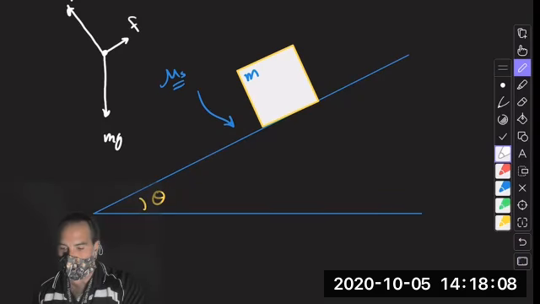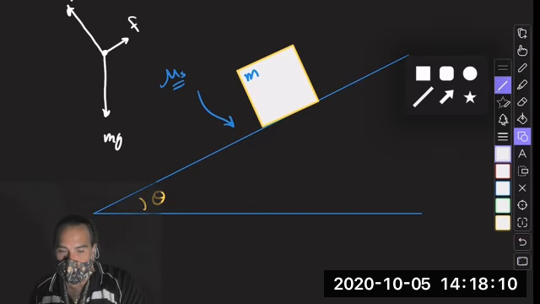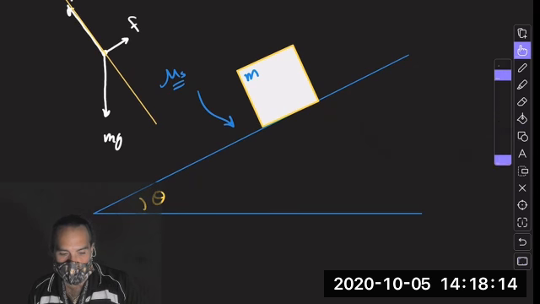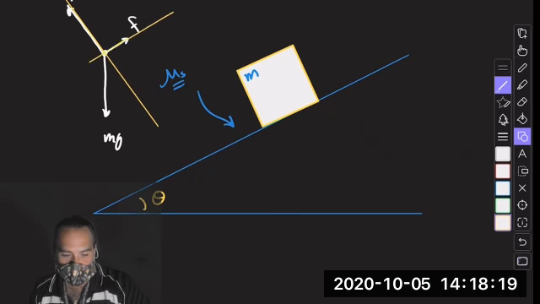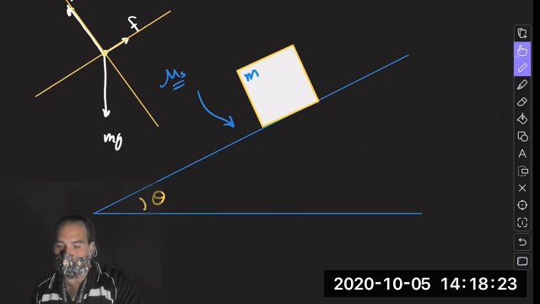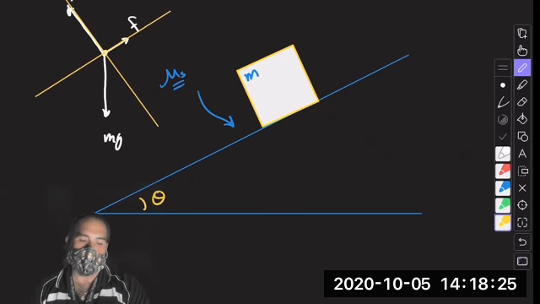And then I'm going to decide on a coordinate system, a way to analyze the problem, a way to break the problem up into one-dimensional pieces so I can study it. The fact that the system doesn't move means that my best bet for solving this problem is to break it up so it's lined up with the normal and the frictional force.